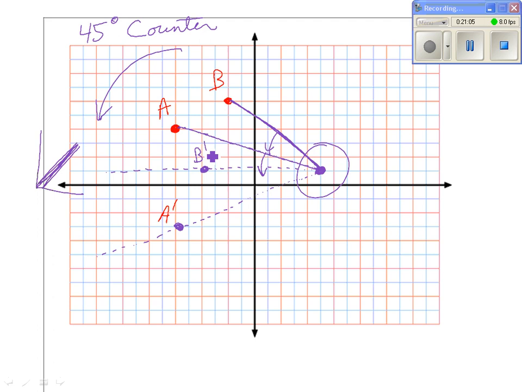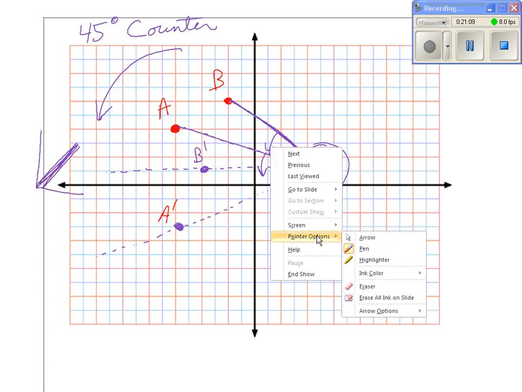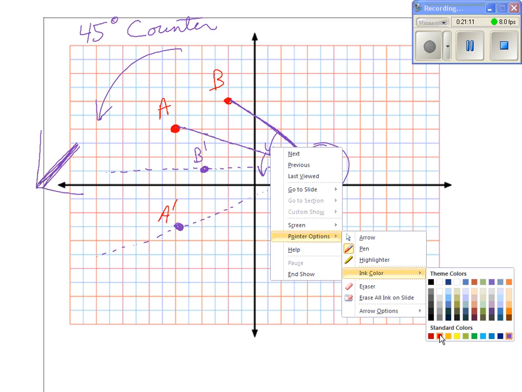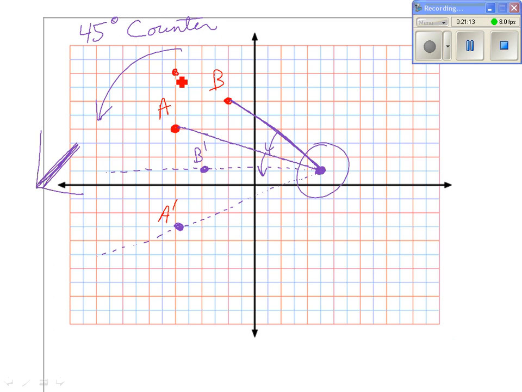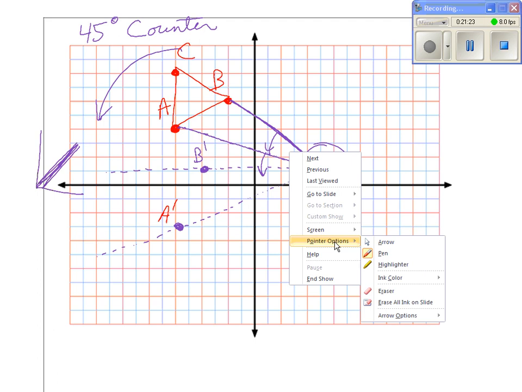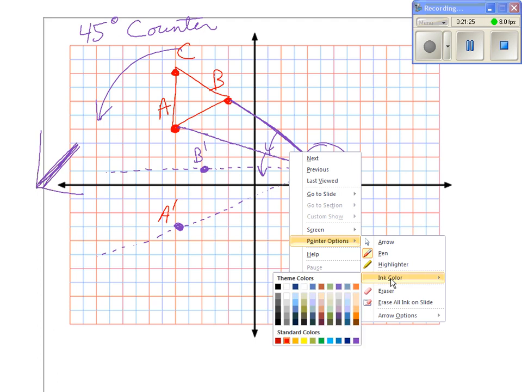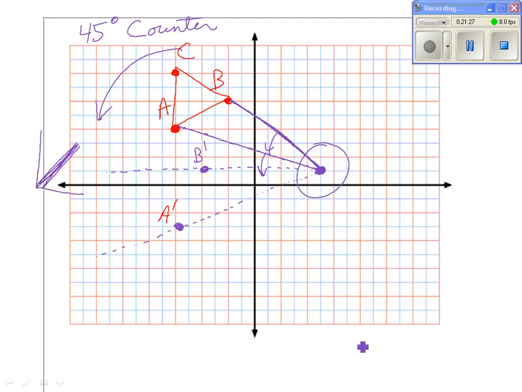And let's say we have a point C. Other options in color. We have a point C up here somewhere. Now we've made a what? Triangle. We're going to draw in this line connecting point C to that.